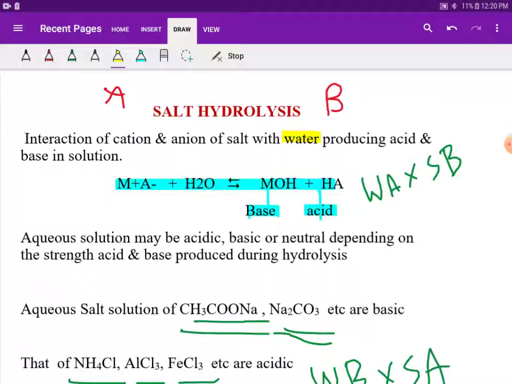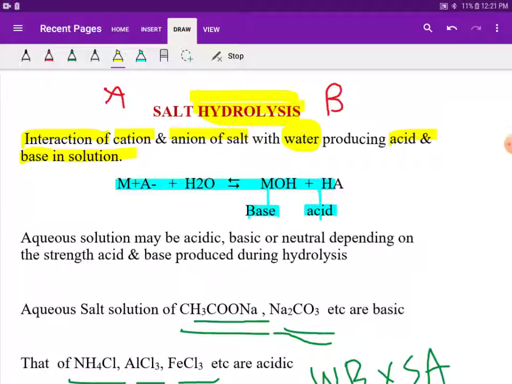As all of you remember, what happens to this salt when it dissolves in water? What is salt hydrolysis? It is the interaction of the cation and anion of the salt with water molecules, producing acid and base in the aqueous solution. That process is called hydrolysis. Due to this process, both acid and base are produced.